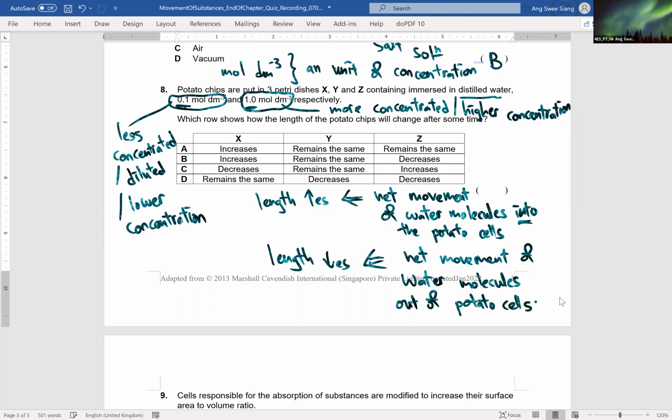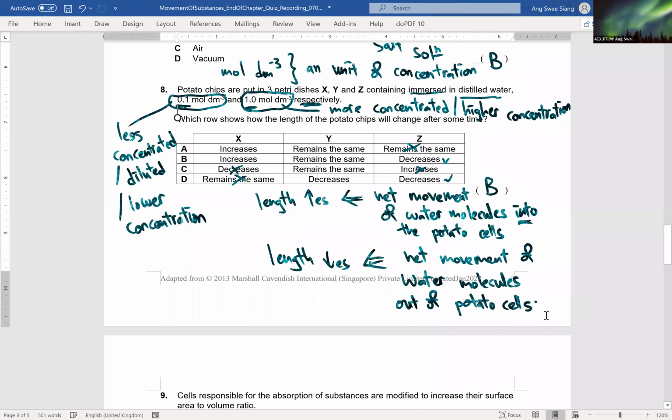So in this case, they use the word respectively. So Z will most likely decrease in length. Then the one that is immersed into distilled water should increase. So in this case, the best answer is B.